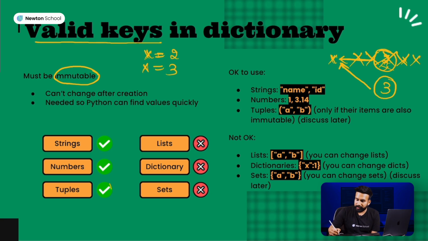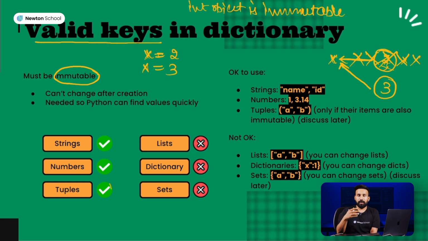The learning from this example is that an integer object is immutable, right? That means you can't change the value of it. If you want to replace it, you'll have to create a new object. Okay. Are lists, dictionaries mutable or immutable? Think about it. Maybe just take 10 seconds to think about it.